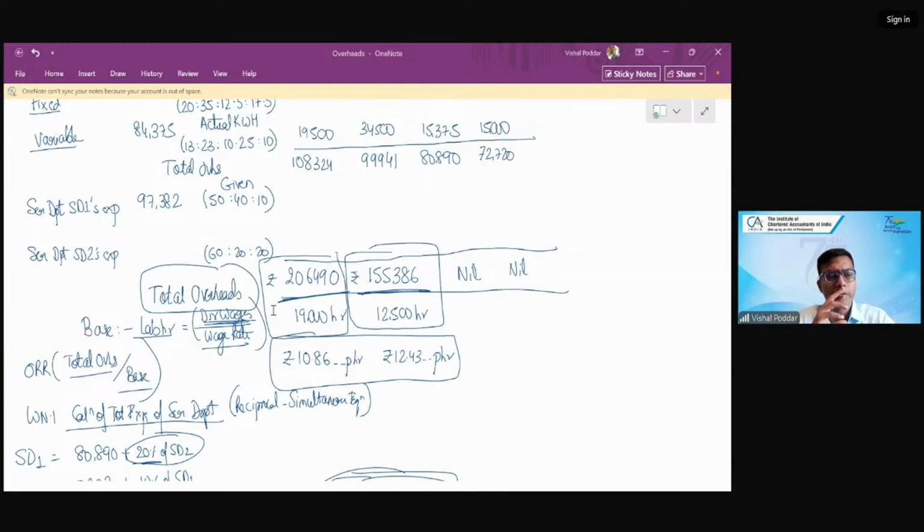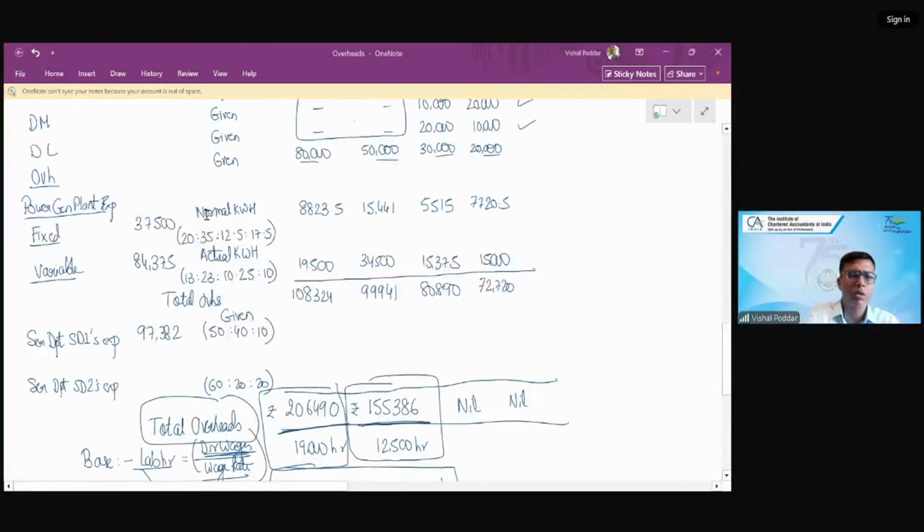I want to understand how S2 and S1 were allocated. Just repeat. No, but I'm still not getting it. What is question number 2? You're asking about this part, the service department.